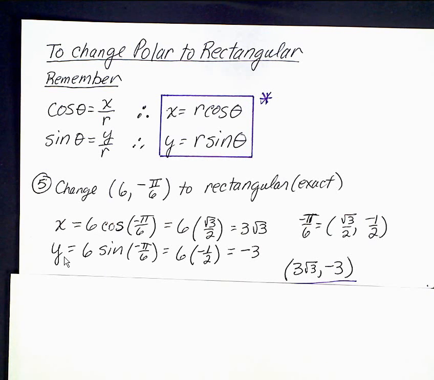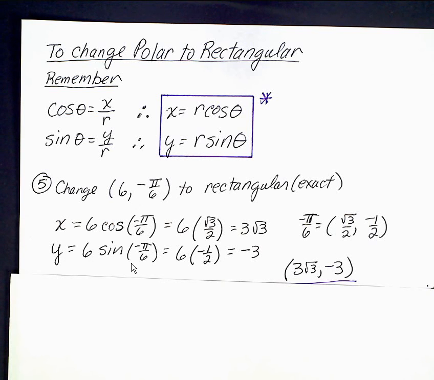The y value is going to be the radius, which is 6, times the sine of the angle, -pi/6, which is -1/2. So 6 times -1/2 is -3. So the x coordinate for the rectangular will be positive 3 square root 3, and the y value will be -3. This will be the rectangular coordinates for this polar coordinate.